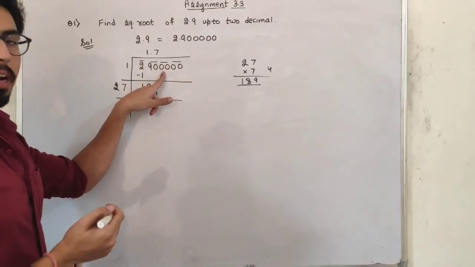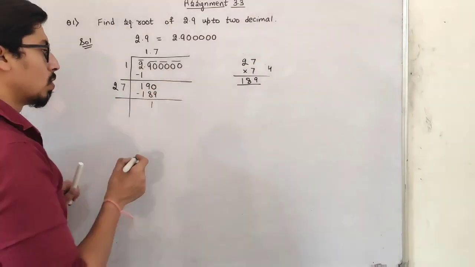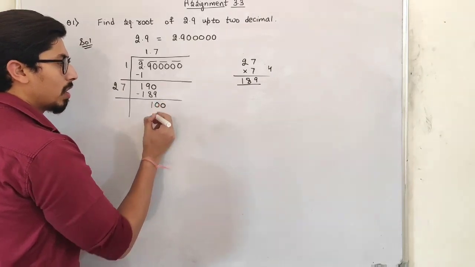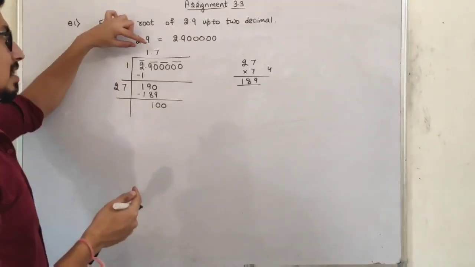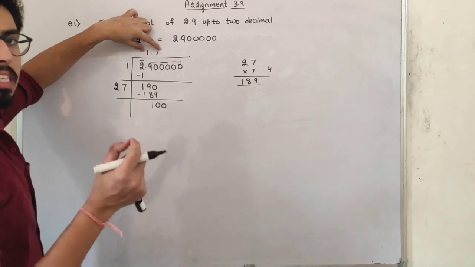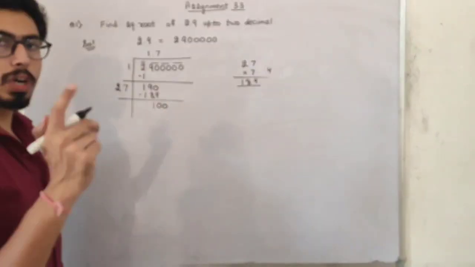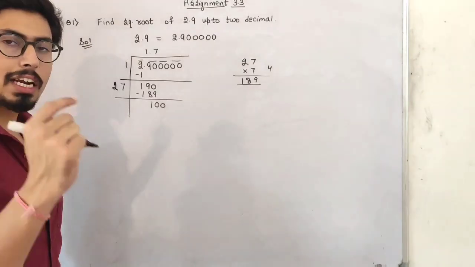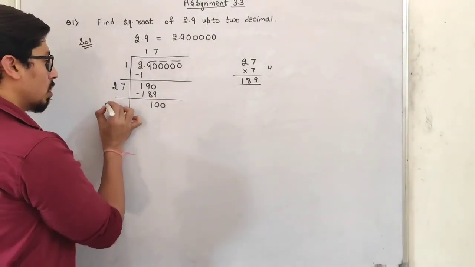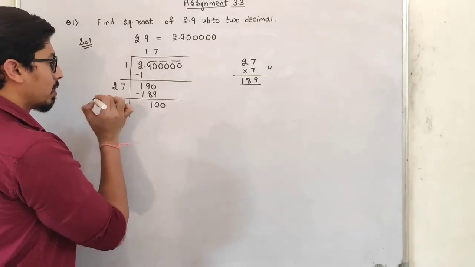Now the next part contains 0 0, so just write 0 0 here. Now we take this 17, that is 170 without the decimal. We have to take it without the decimal, so it will be 17, and the double of 17 is 34. So just write 34 here.